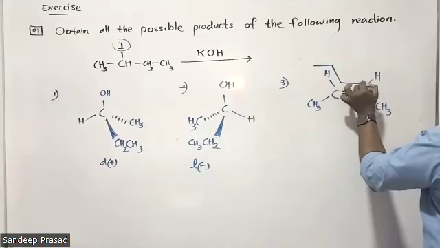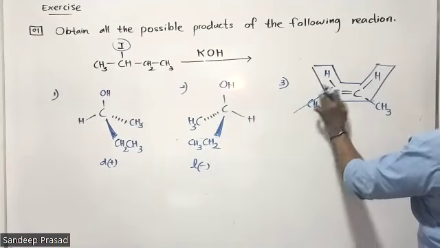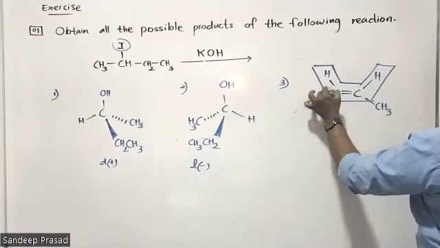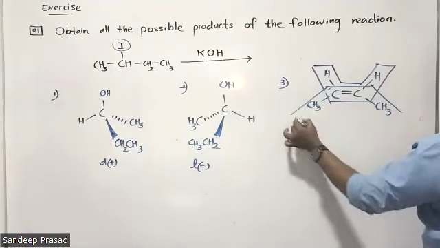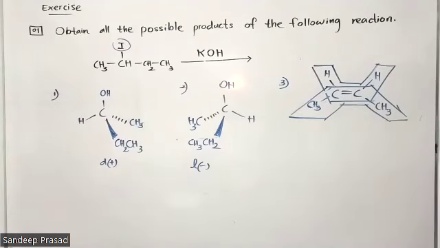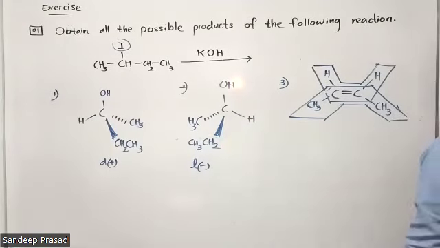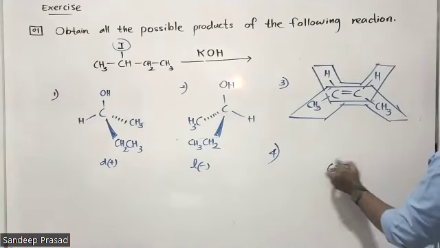I told you that the cis structure is kind of a basin, right? I told you that basin and chair. So this is actually basin. So where is the chair shape?